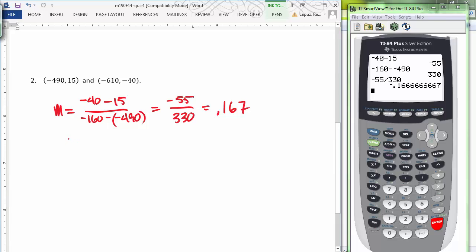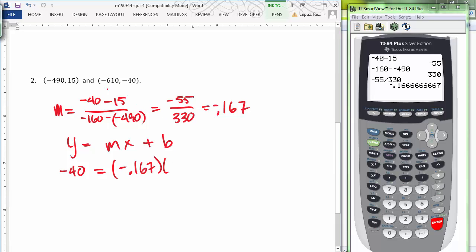So we'll do that. y equals mx plus b again, and for y we'll choose either one of these. It doesn't matter which one, so I'll choose the second one this time. The y value is negative 40. The m is negative 0.167.